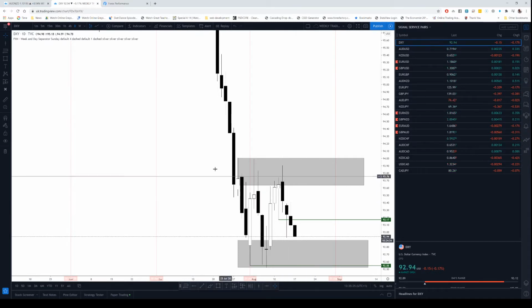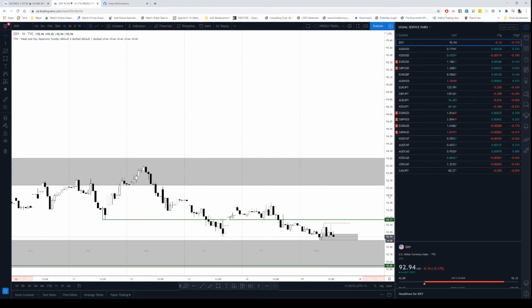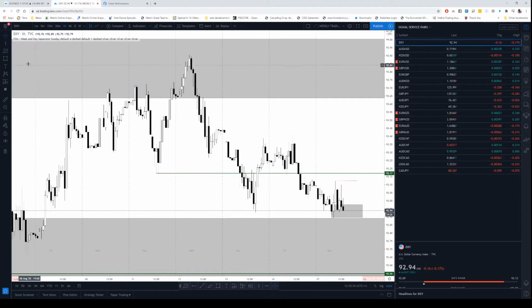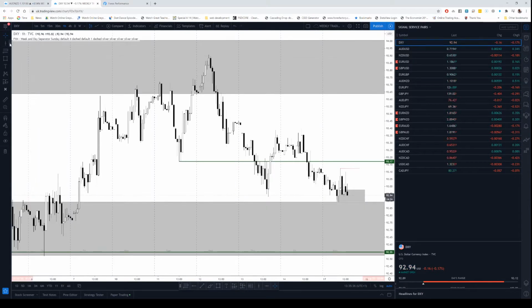We have just run the previous week's low, which is last week's low. If I drop down to the hourly, you will see we did run last week's low, which was this low here, and then we saw a big rejection.